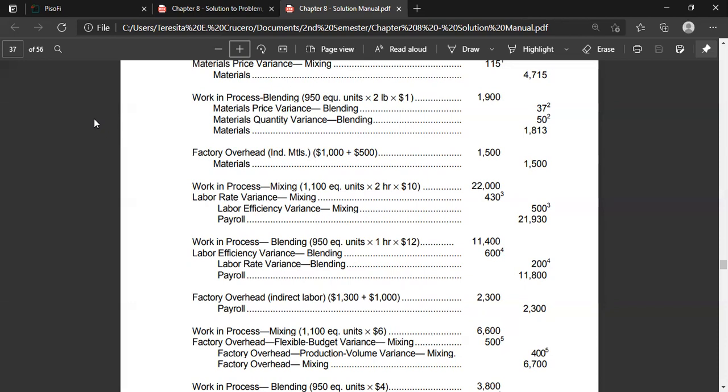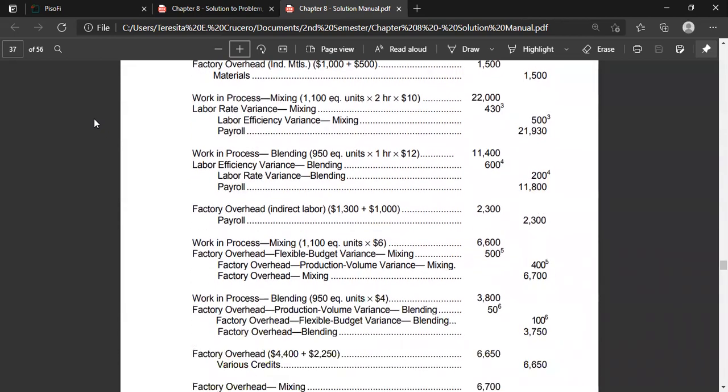Factory overhead is debited for 2,300 and credit to payroll. Next, we debit work in process in the mixing for 1,100 units at 6, so we have 6,600. Debit to factory overhead, flexible budget variance in the mixing for 500, and credit factory overhead for the production volume variance in the mixing and credit to factory overhead.